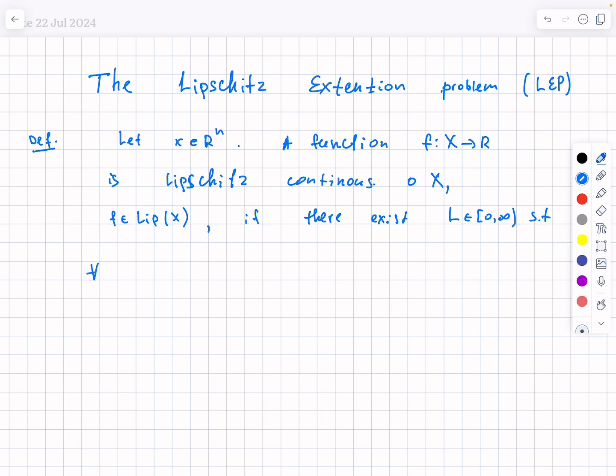for all x, y from this domain X, the inequality |f(x) - f(y)| is less or equal to L times |x - y|. This is the definition of Lipschitz functions.